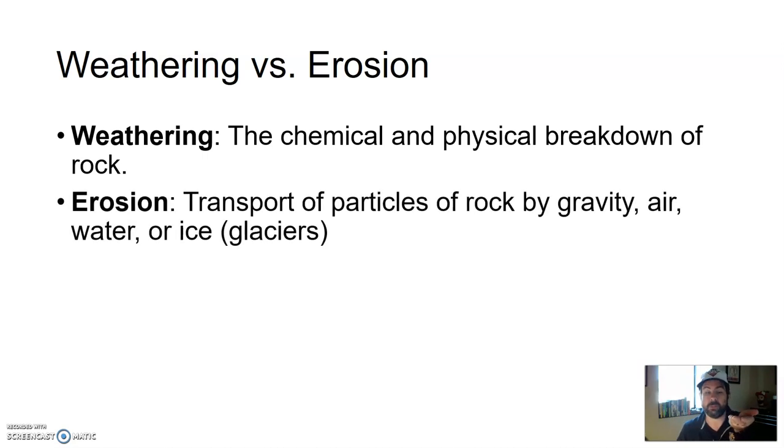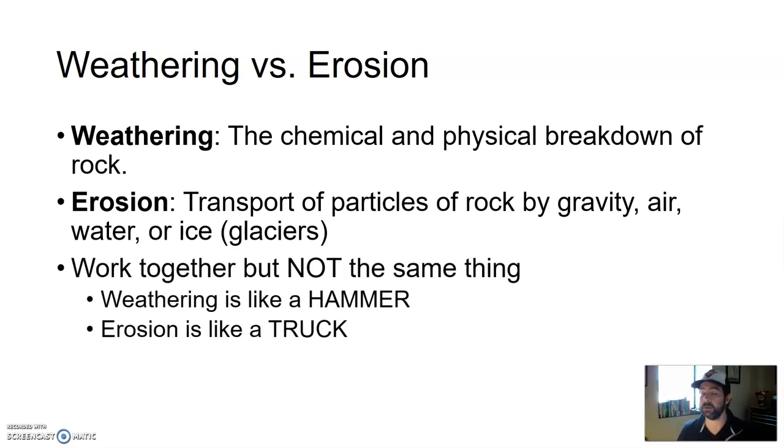Now that we have these smaller pieces, erosion is the transportation of these particles of rock. Sediment can move downhill due to gravity, air, or flowing water, and ice as glaciers flow can bring sediment with it. They work together, but they're not the same thing. Erosion just means the movement; the breaking down is called weathering.